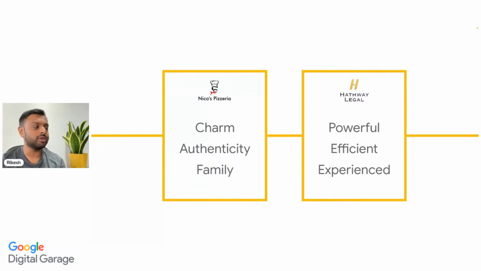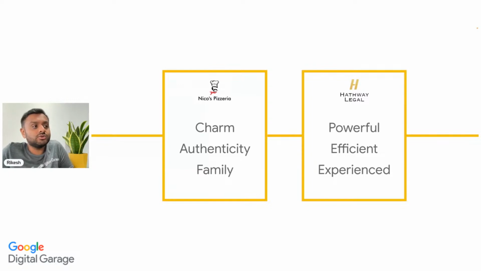So for them, they speak with charm, they speak with authenticity because they are an authentic Italian pizza restaurant. And another word they've attributed here is family because they're a family-run restaurant. Those words are very much linked to them.